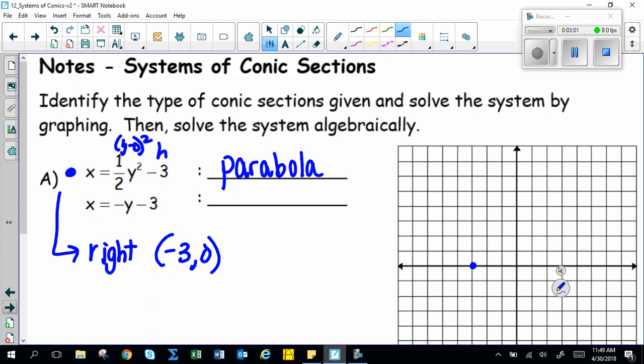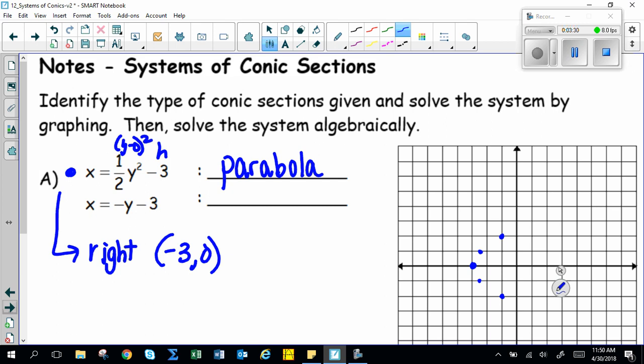So I think about that counting scheme that we learned way back in the first semester. If I square 1, I get 1. So I'm going to go over 1, and then up half of 1. What about if I square 2? If I square 2, I get 4, and I multiply that 4 by 1/2. So over 2, up 2.